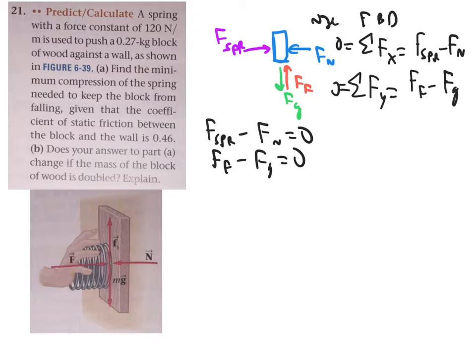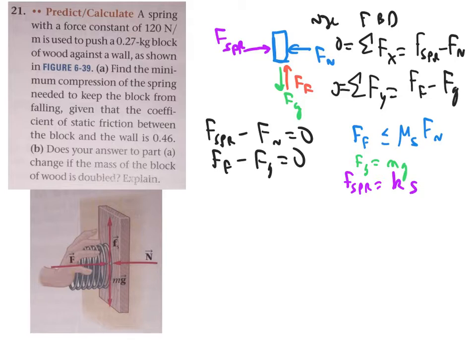And then what we also know is that the frictional force, and this is not a Newtonian law, is less than or equal to mu static Fn. We also know, of course, that Fg equals mg. And we know that the spring force is k times the stretch, or in this case, the compression in the spring.